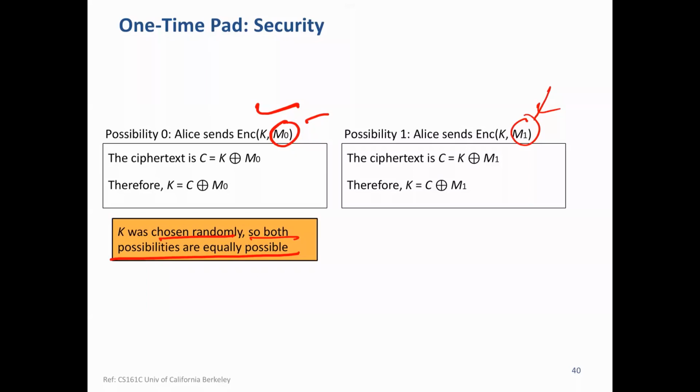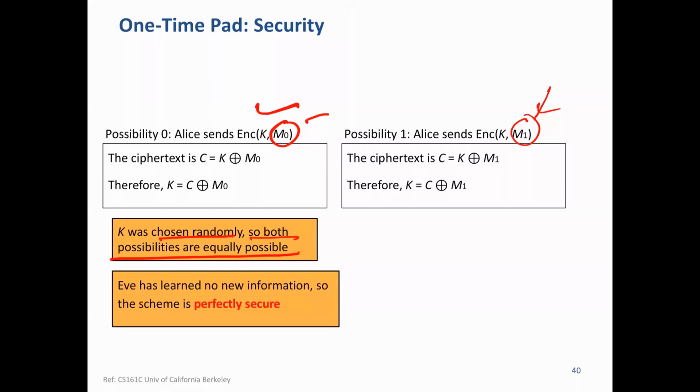So that's the challenge. If Eve has learned no new information, the scheme is perfectly secure, provided the key is absolutely random. Then both guesses by Eve, M0 and M1, are equally likely.